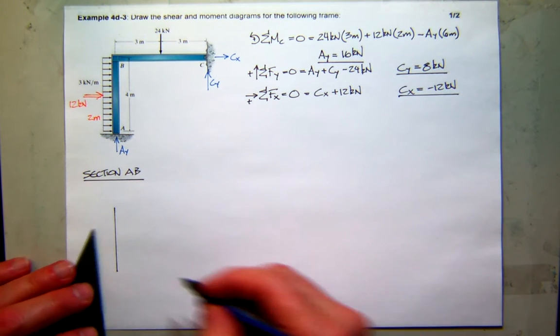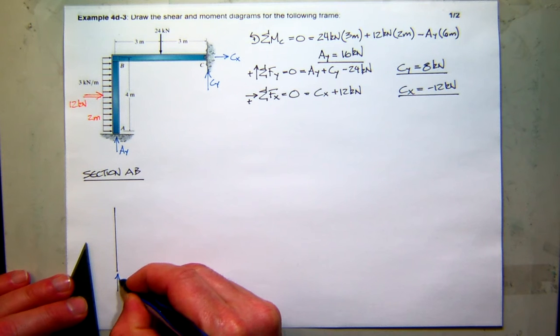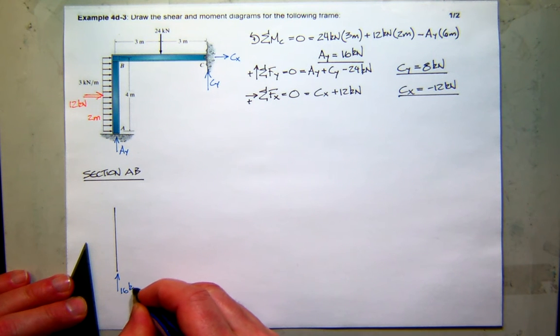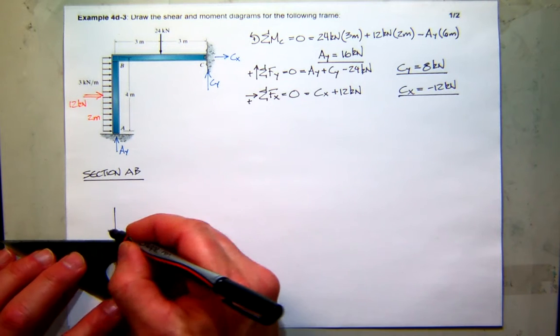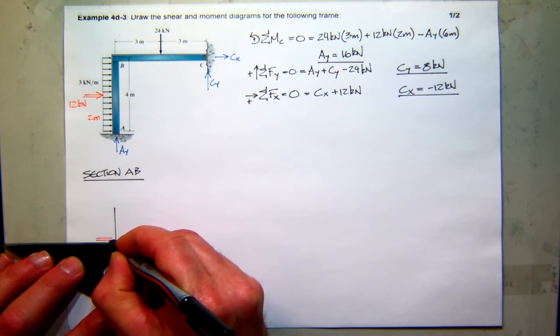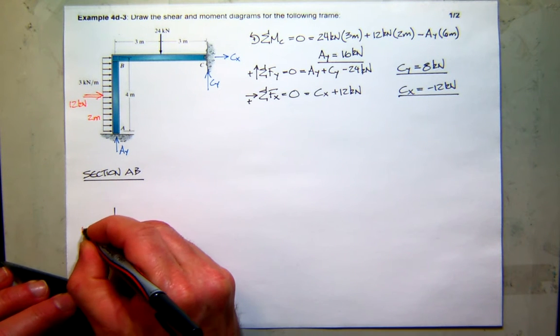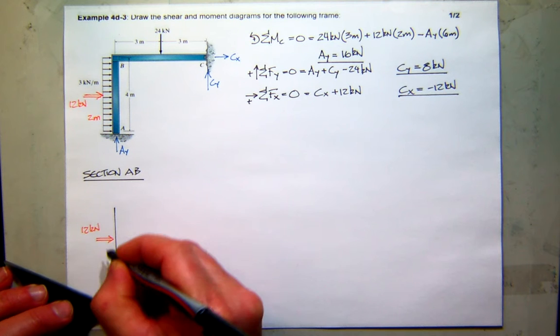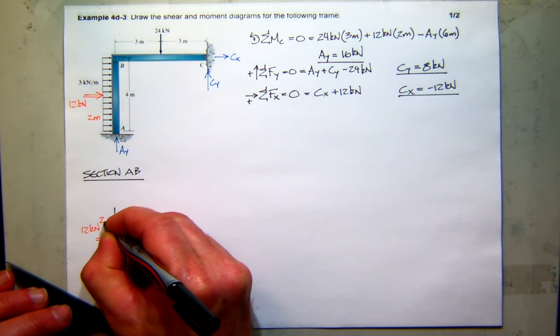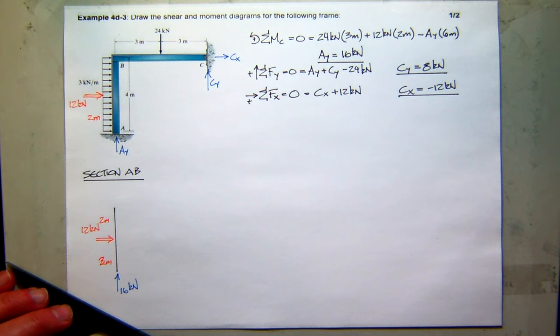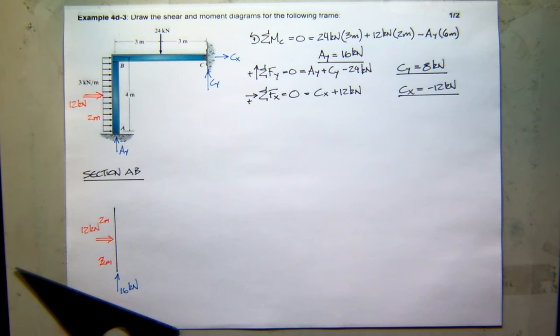I'm going to get AY, which I just solved for, 16 kilonewtons. I've already resolved my force and found that it was equivalent to 12 kilonewtons at 2 meters and 2 meters. And now at B, I'll make assumptions for the directions.